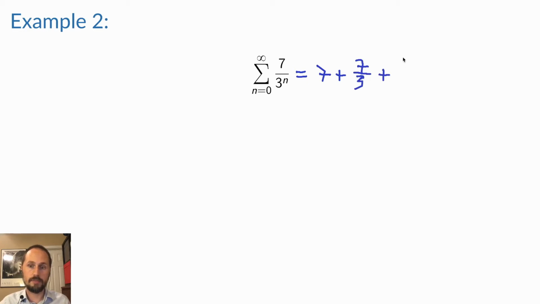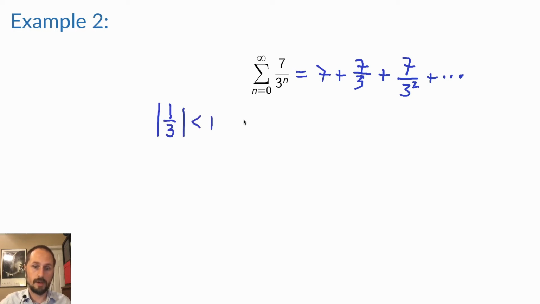And then the term after that, we're going to get 7 over 3 squared, and so on and so forth. So our common ratio here is a third. That's less than 1, so this converges. Right, so 1/3 is less than 1 in absolute value, so it converges.